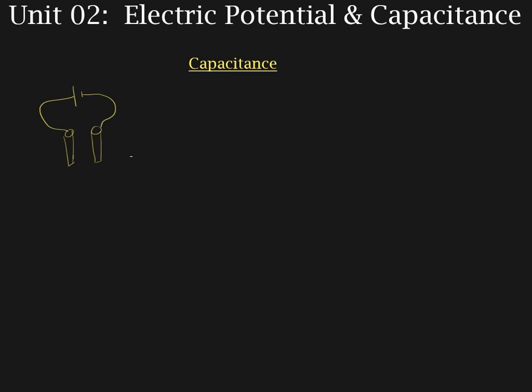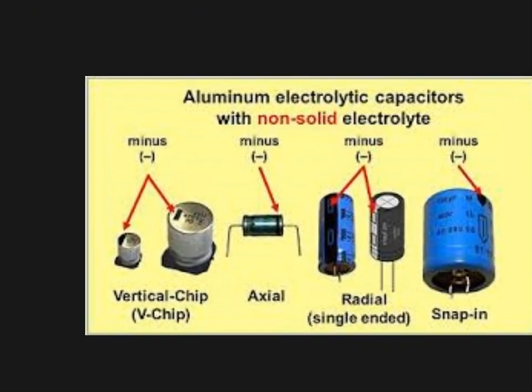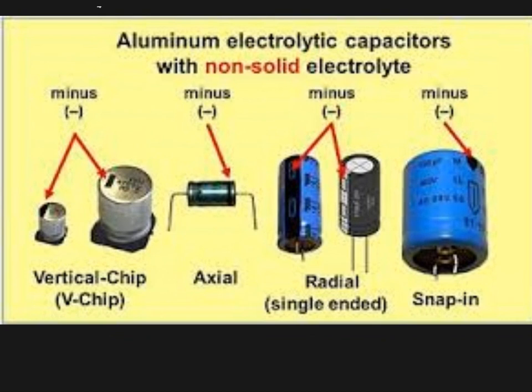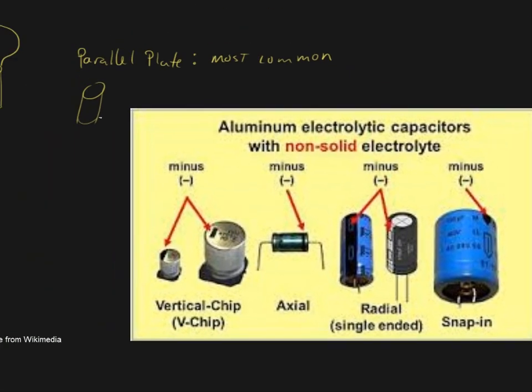Now, the most common capacitor is the parallel plate capacitor. You'll recognize it because it really looks just like a miniature soup can. If you open up anything electronic, the parallel plate capacitors are round, cylindrical in shape, just like that.